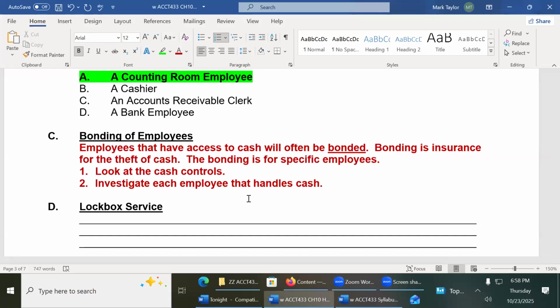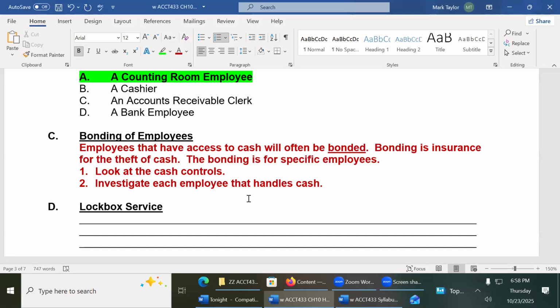The way that comes about is if somebody has a questionable background, they just won't insure them. They'll say we can't bond them. You can still hire them and trust them with cash, but if something happens with cash and that employee, we're not doing anything. And that's usually a red flag that there's a problem.